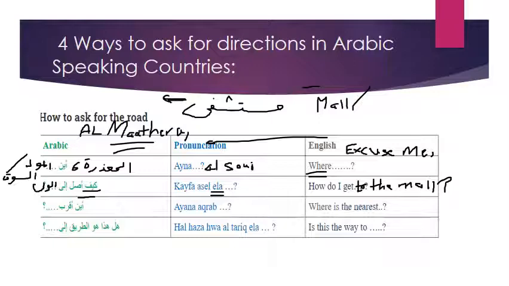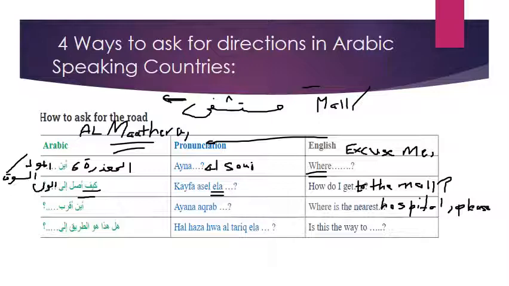What do you say here? Where is the nearest hospital? Or you can start with excuse me, where is the nearest hospital? Or you can say, where is the nearest hospital, please? So you can either say please or you can say excuse me.